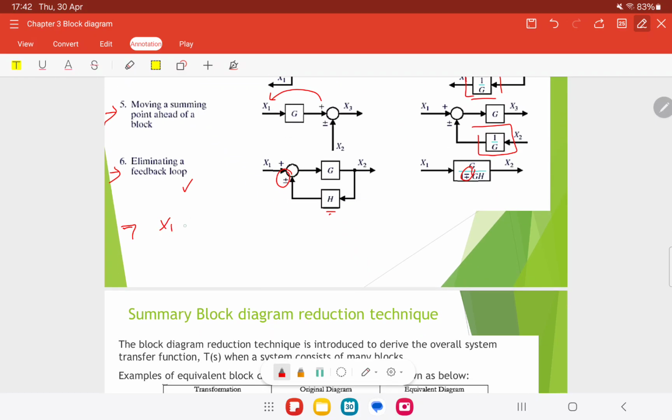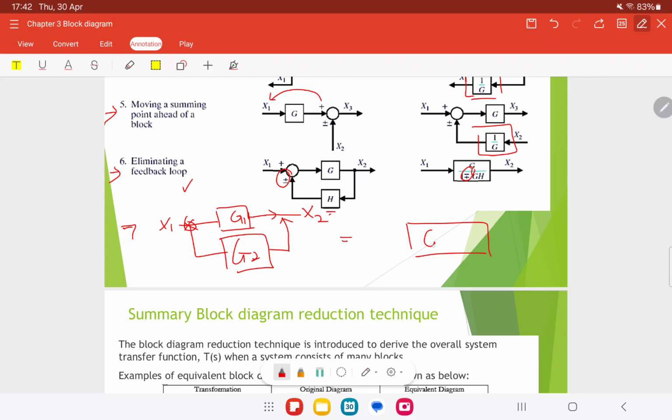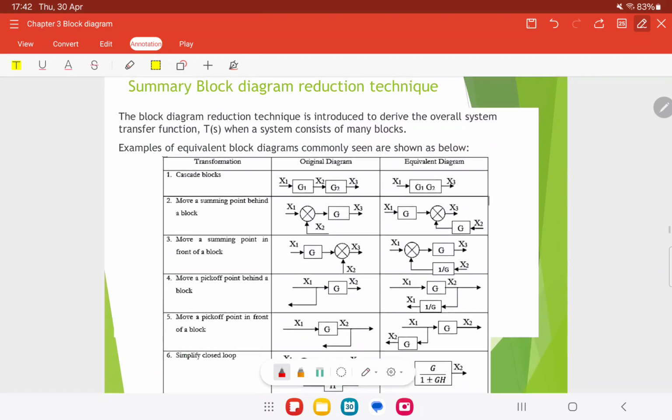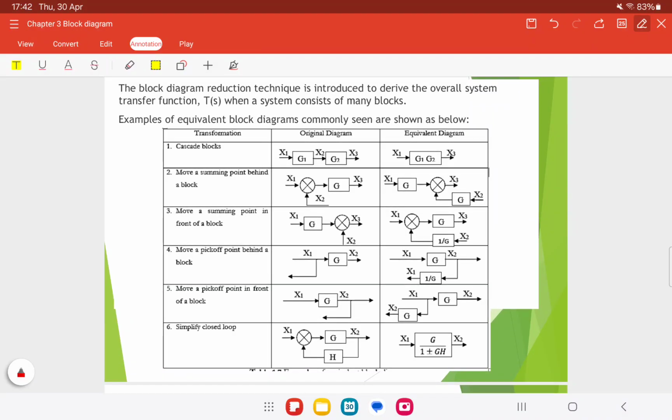If we have two blocks, X1 goes to G1 and then let's say this one is G1 and this is X2, another one is G2. Both are forward, both go forward. In this case, the block will be G1 plus G2. This is parallel. This is a summary block table, the same as before, just a different drawn table.